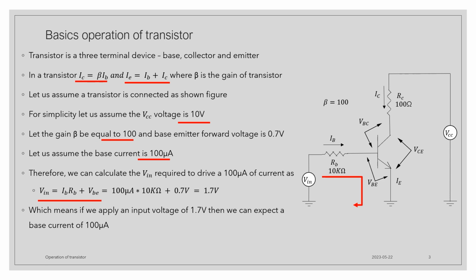Here, VBE is 0.7 volt. On solving this equation, we get 1.7 volt as Vin. This means that when 1.7 volt is applied, a base current of 100 microamps is obtained. This can only mean that if base current needs to change, then input voltage needs to change as well.